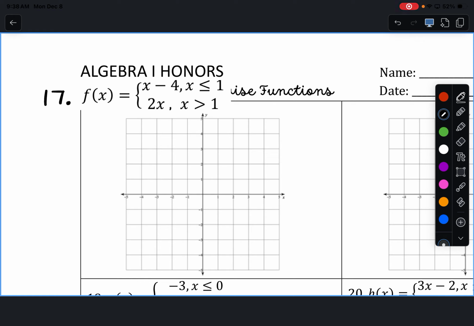Okay, so for graphing piecewise functions, our first question is number 17. We have two pieces here. Our first piece is x minus 4 when x is less than or equal to 1. Our second piece is 2x when x is greater than 1.